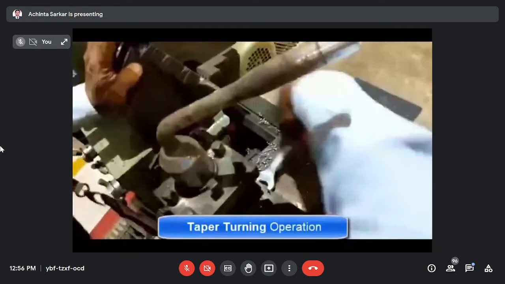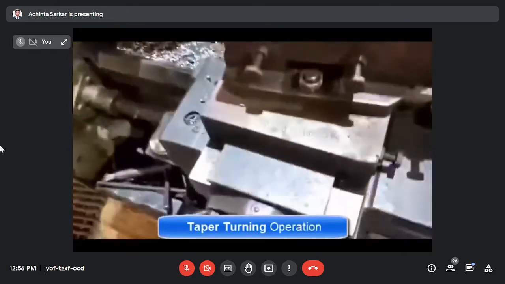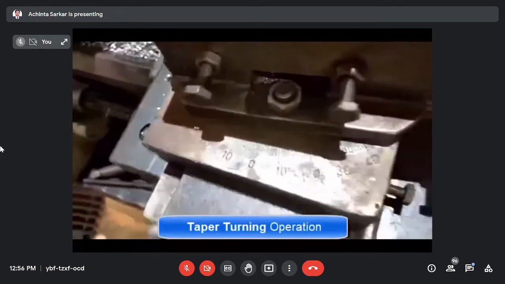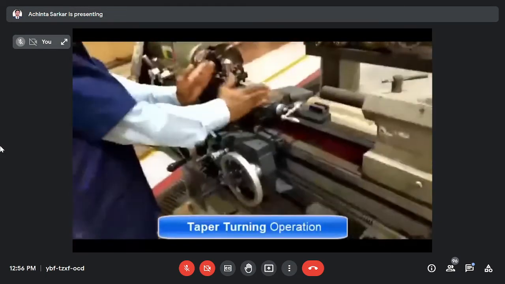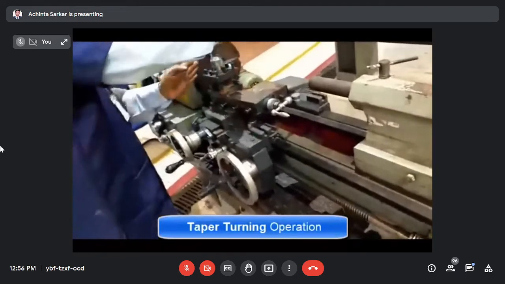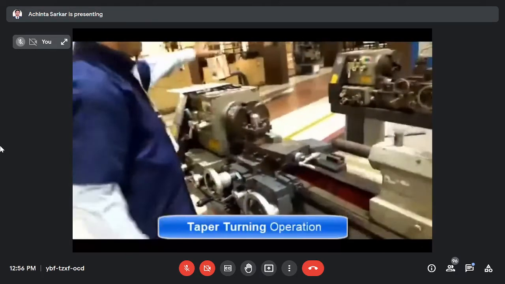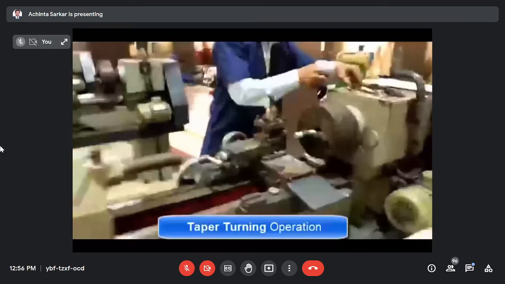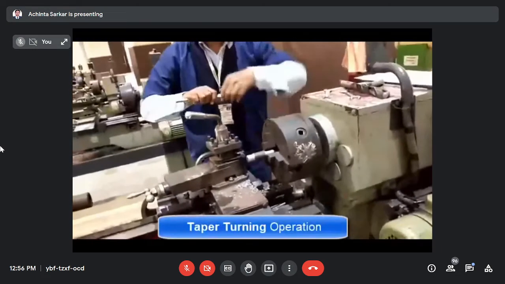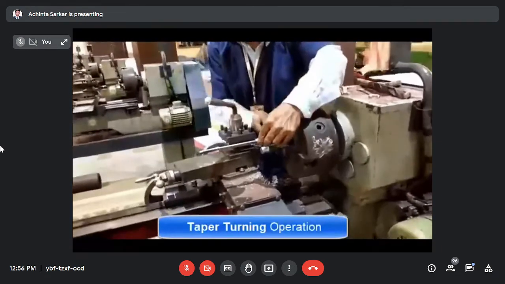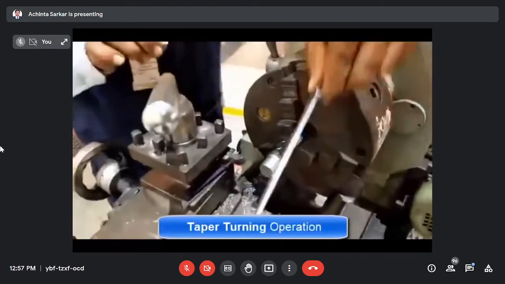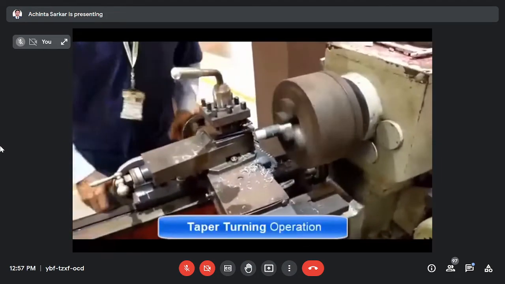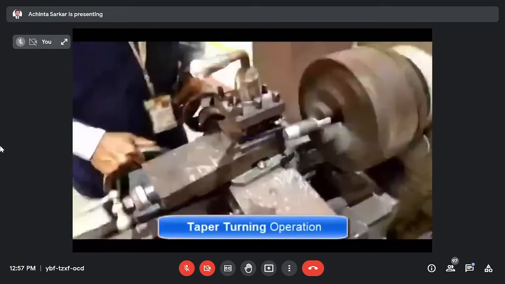Okay, now the setting is over. Only this part will be rotated angle-wise, which means the cutting point will move angle-wise to the axis of the workpiece. Now we will start. In 15 mm length, we have to do the taper operation. After switching on the machine, I apply depth, same process.